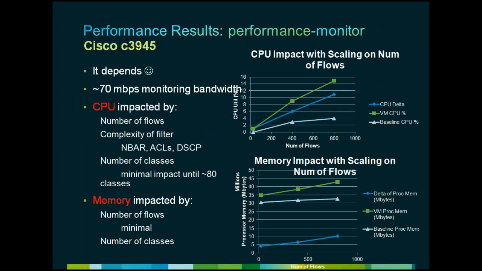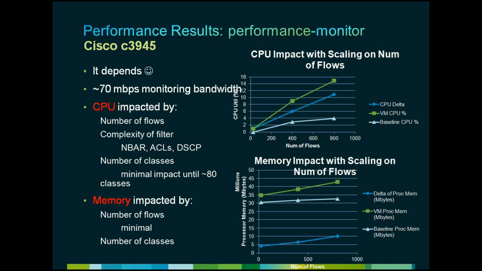When I talk about performance, of course, you might be wondering, okay, what is the impact of collecting all those metrics on my routers and switches? These were tests performed with this 3545, and of course it's going to depend on how much you measure.